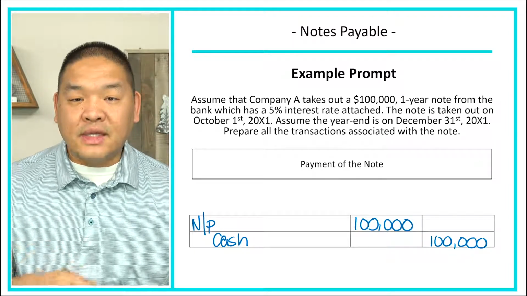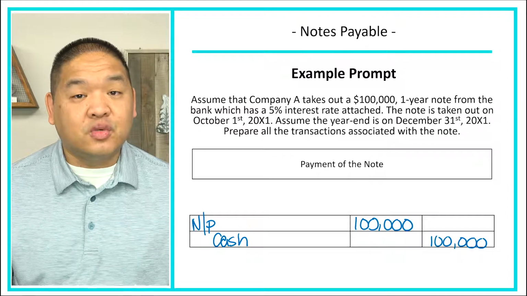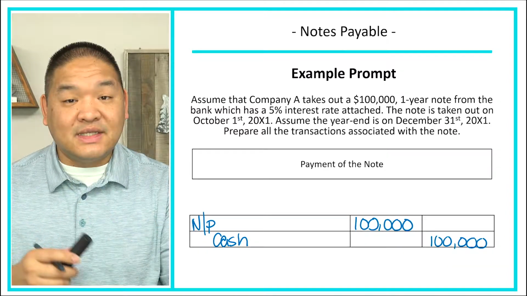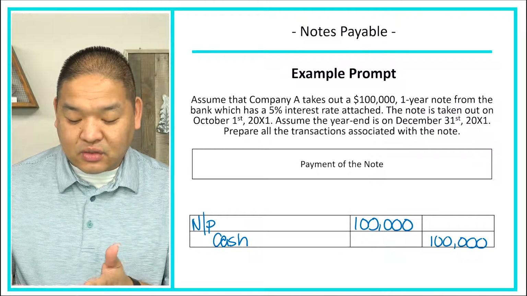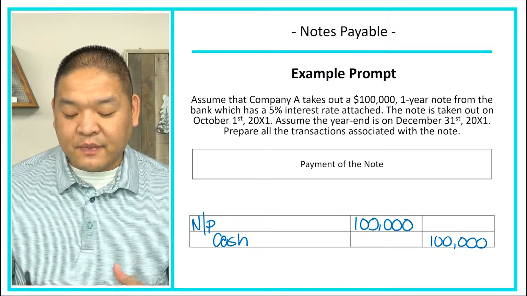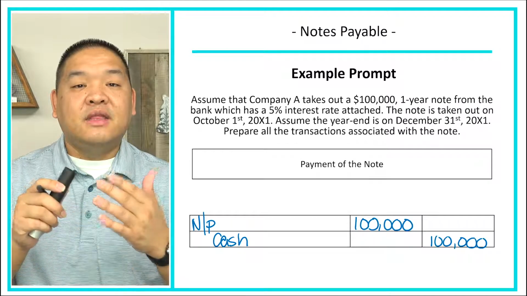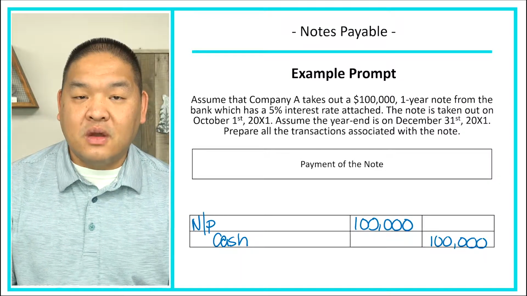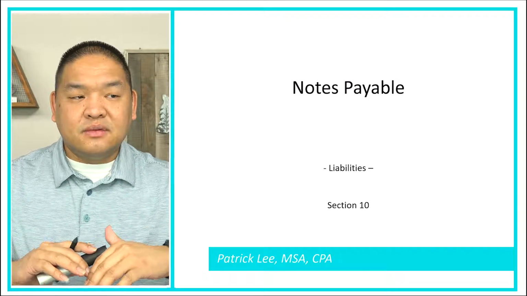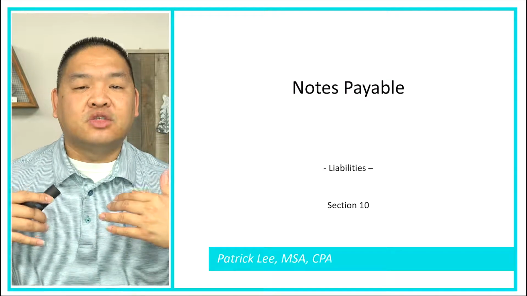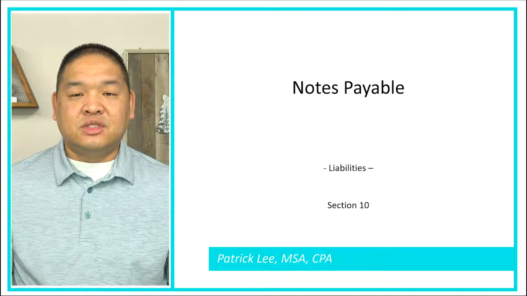If we want to release our obligations, we do the opposite of what we did when we first booked it, which was a credit. So we're going to debit, because we are decreasing the liability. So we debit notes payable for 100,000, credit cash for 100,000, and we have now completed the life cycle of a notes payable. So that is an understanding of notes payable, and also what the journal entries would be for the life cycle of that notes payable.